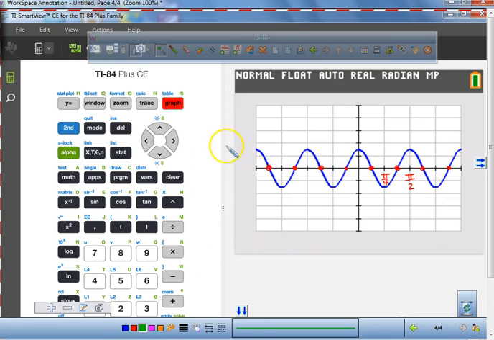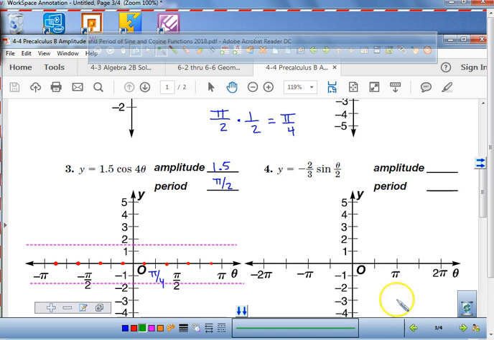All right, the next thing I'm going to do is put wherever my values for y equals 1.5. And notice, where are they happening? They're happening at every pi over 2. So I'm going to start right here and work my way all the way across.